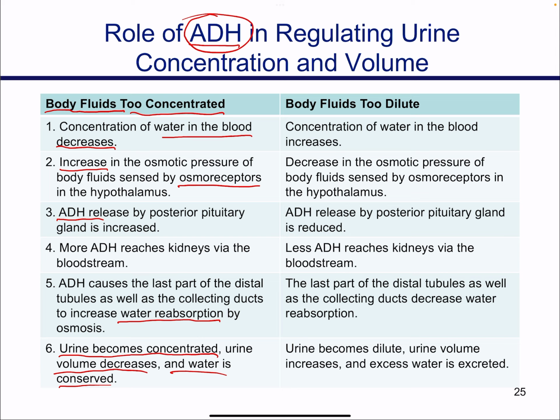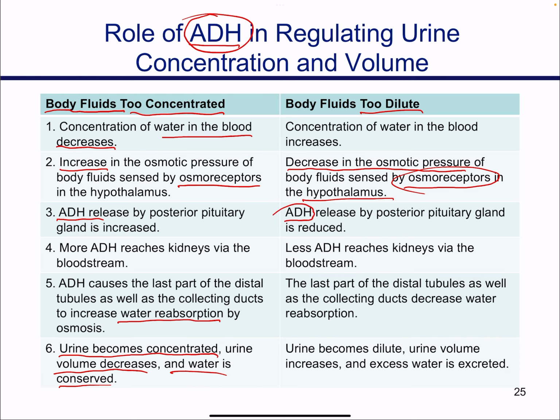Now, if the body fluid is too diluted, the opposite action is going to happen. That opposite action is, rather than retain water, to actually release water, right? Decreasing the osmotic pressure, right? The osmoreceptors are going to cause the hypothalamus to stop releasing antidiuretic hormone.